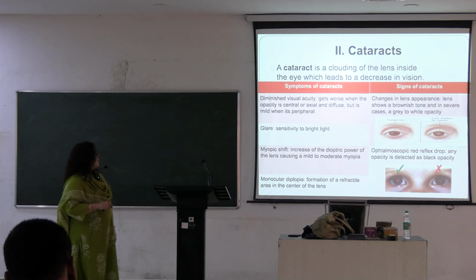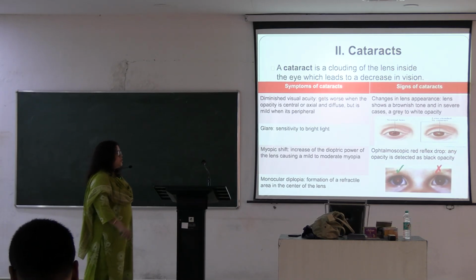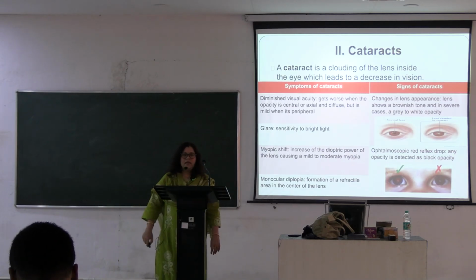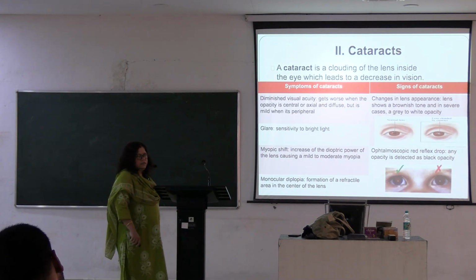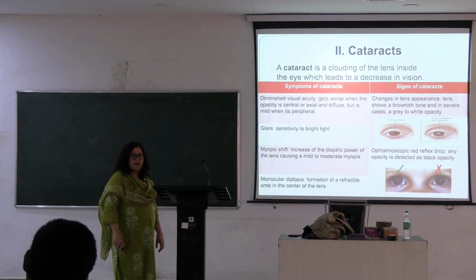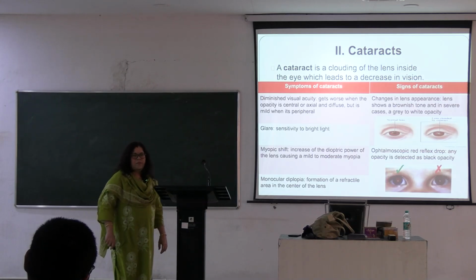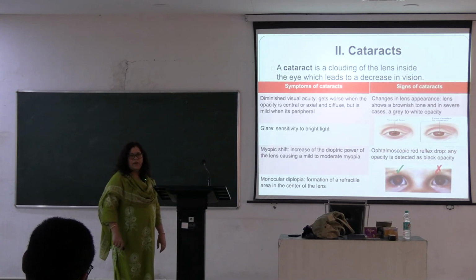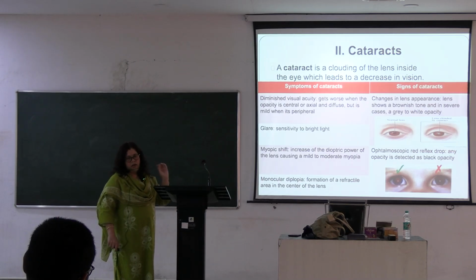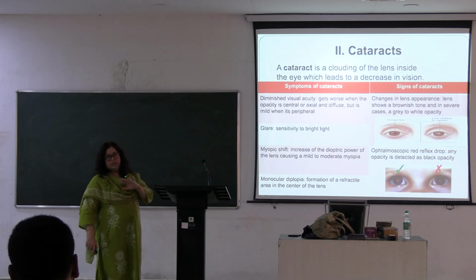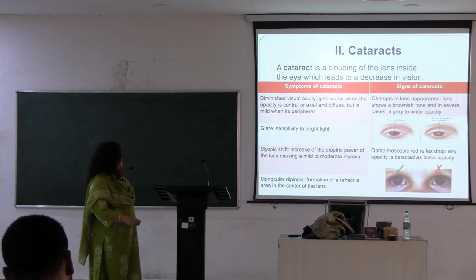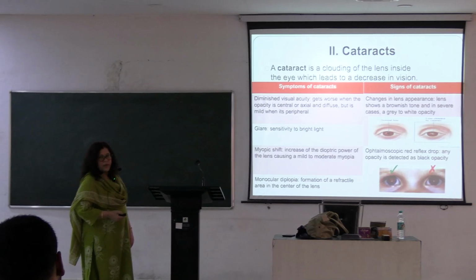Cataract is cloudiness of the lens inside the eye, which leads to a decrease in vision, and the decrease of vision may be from 6/9 to PL PR. PL PR with head movement is present when the cataract is complete, the transparent lens fibers are replaced by opaque lens fibers, and a mature cataract is formed. Then vision is only PL or PR.